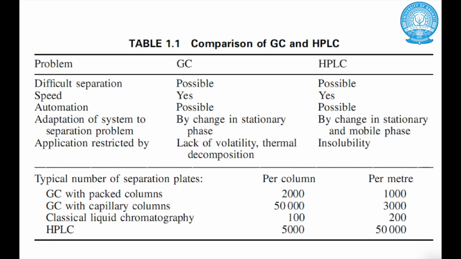So in the case of gas chromatography, the number of theoretical plates is up to 50,000, whereas in the case of HPLC the number of theoretical plates or separation plates is also up to 50,000.